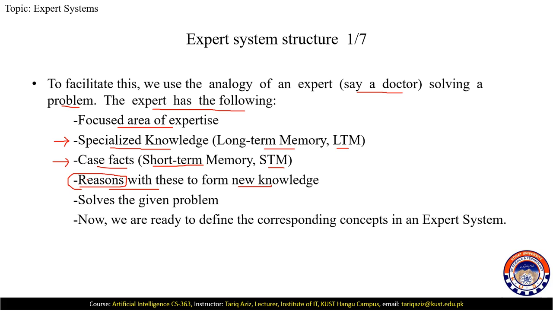Actually, the expert will use his specialized knowledge, take the current facts from the environment, and then perform the process of reasoning to solve the problem or to deduce new information. Now all these points are with respect to an expert.